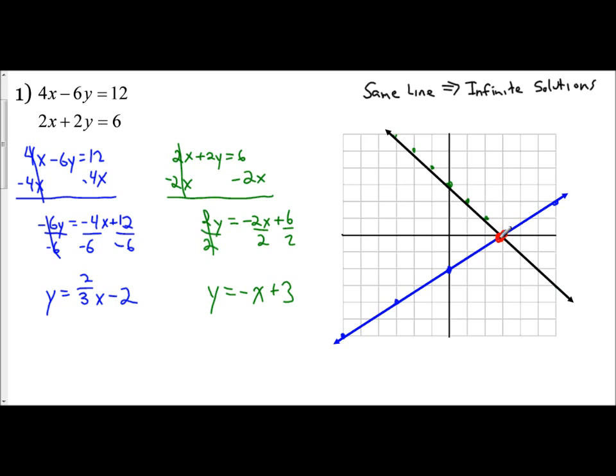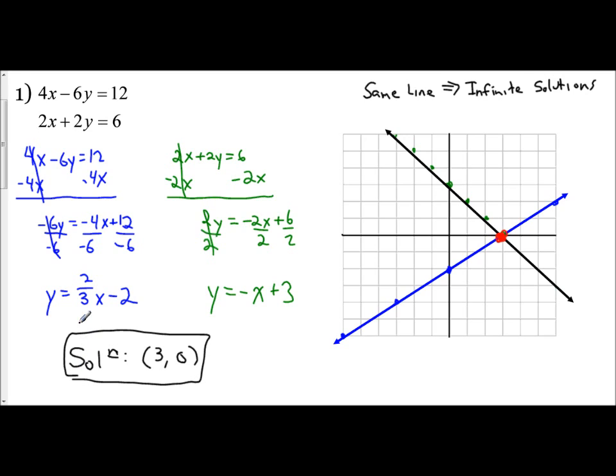That coordinate is my solution. So the solution here is the coordinate, looks like 3, 0. That is where the two graphs intersect each other.